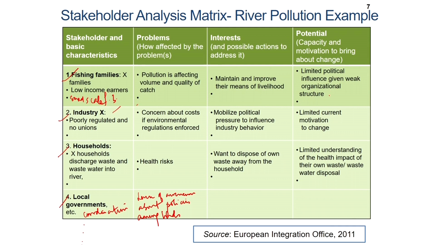The potential, capacity and motivation to bring about change: with regard to low income earning fishing families, limited political influence given weak organizational structure; industry poorly regulated with no unions, limited current motivation to change; and households have limited understanding of the health impact of their own wastewater disposal.